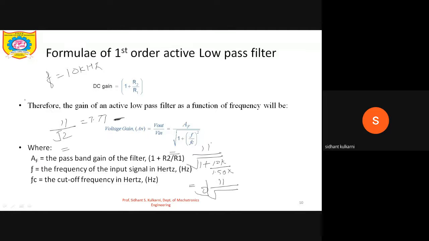It is 6.28, 6.28 plus 1, that is 7.28. So voltage gain AV we can calculate as 11 divided by square root of 7.28. It is 4.07, and all conditions are met now.